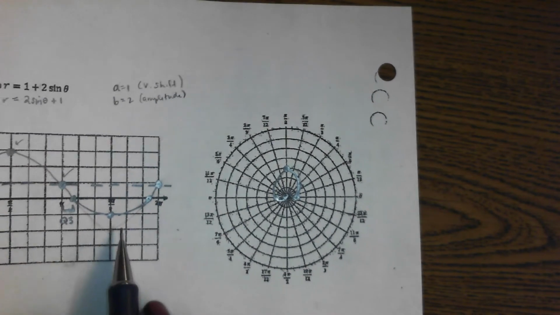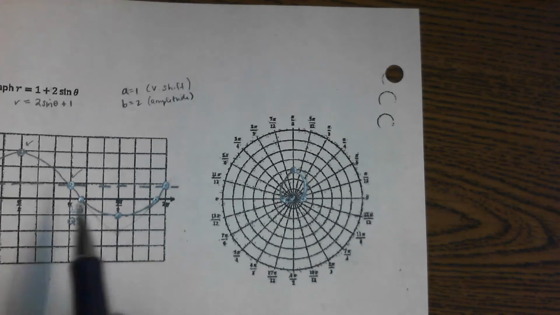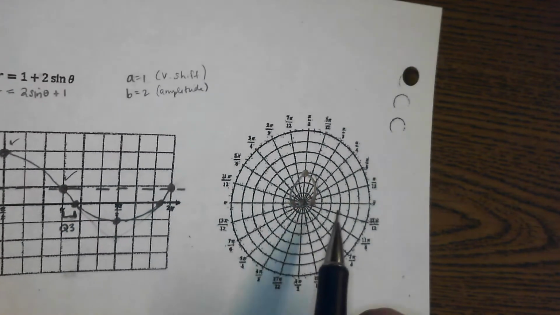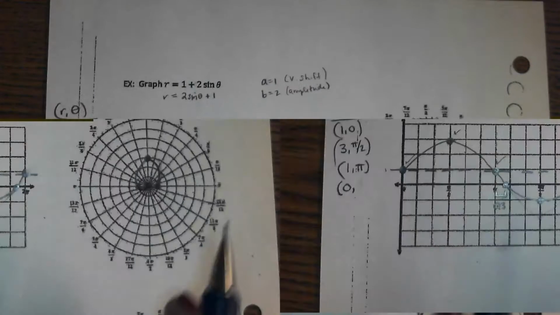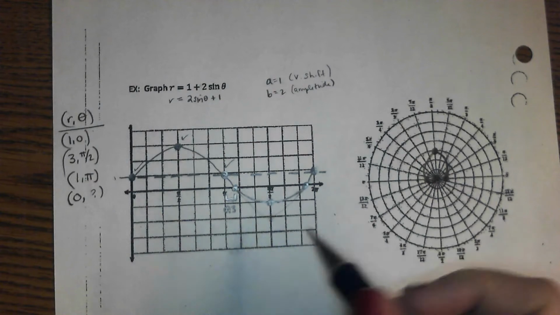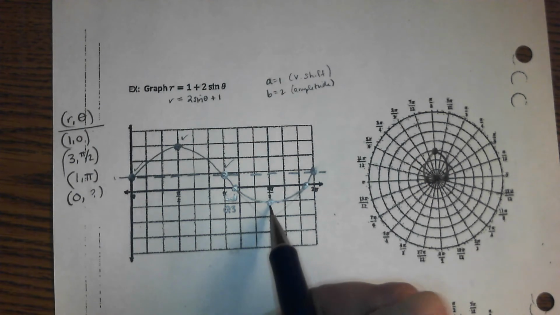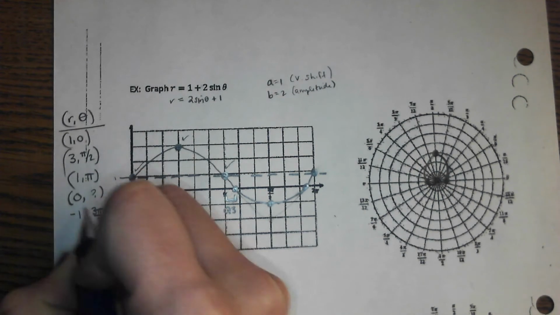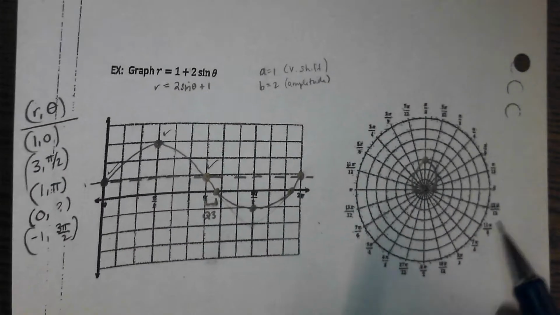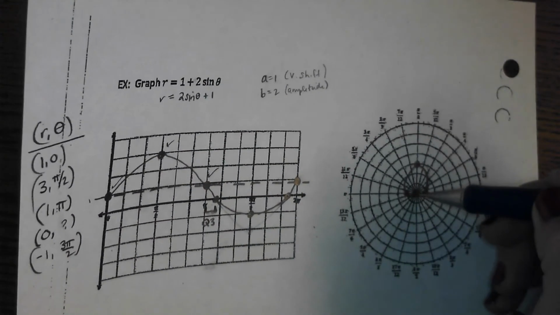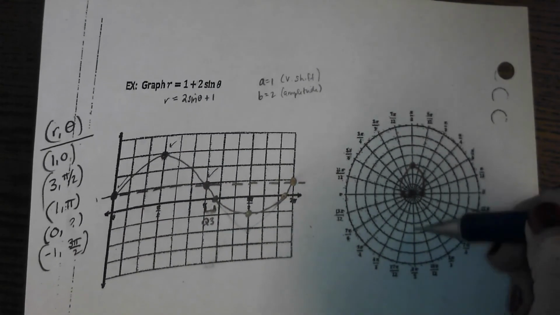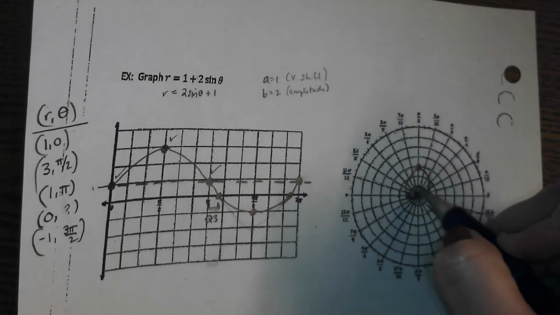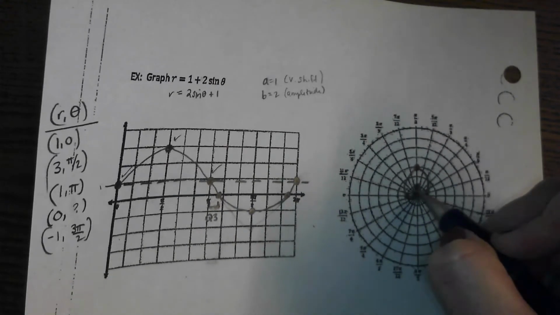And then my next, and I don't really know what angle that's happening at. I don't really need to know because it's at the origin regardless. But then my next critical point is -1, 3 pi over 2, which 3 pi over 2 is down here. -1 of that would be up here.